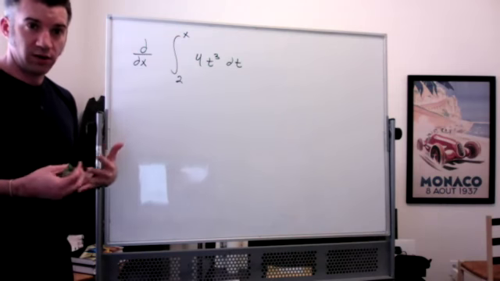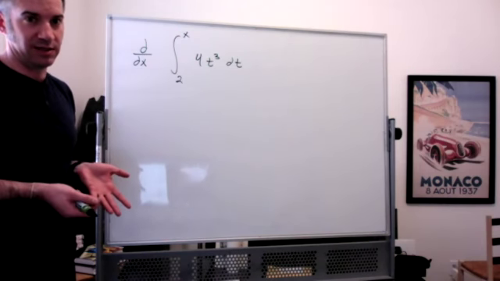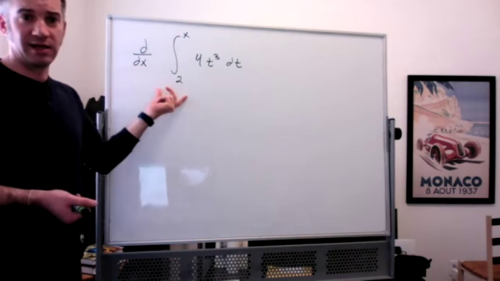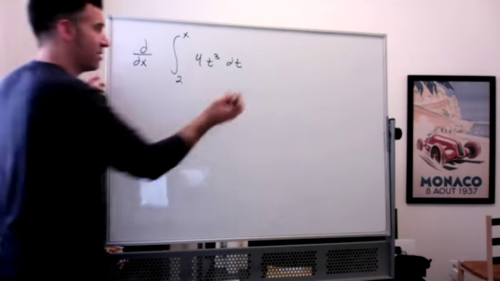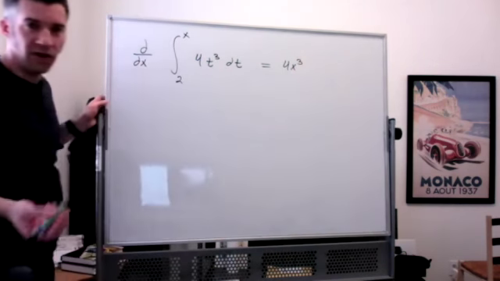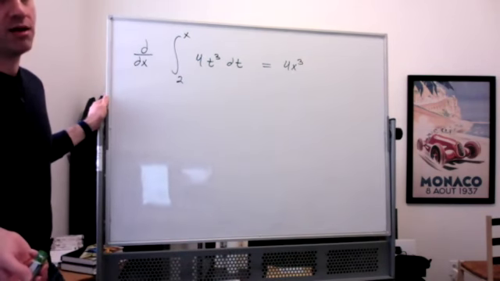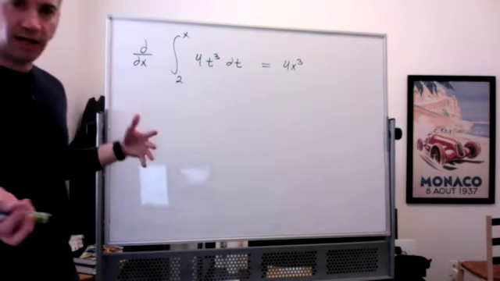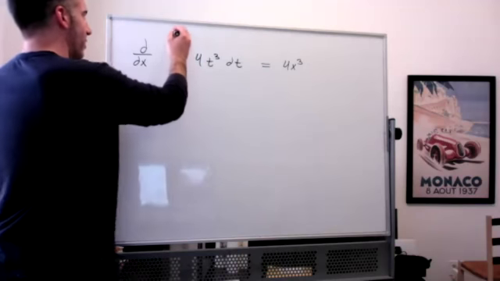So the short answer to this question is that if you take the derivative of the antiderivative of a thing, you get the thing, and that's it. But I imagine you guys would like to see a little more information. So what's really happening here? Well, we can integrate this.